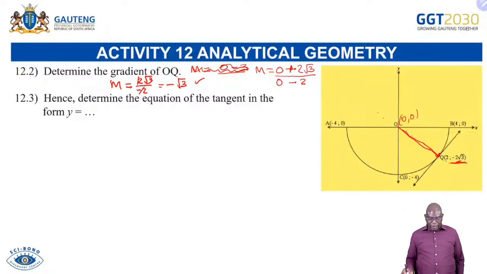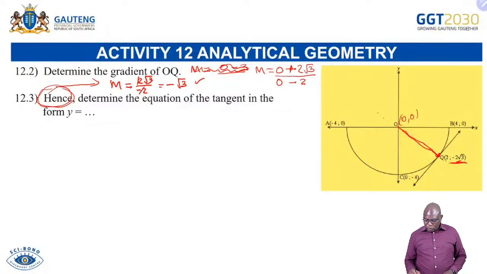Now it says hence. Hence means use the gradient you got there to do that. If I use x times x1 plus y multiplied by y1, I will not be using the word hence, so I'm going to go the long route.